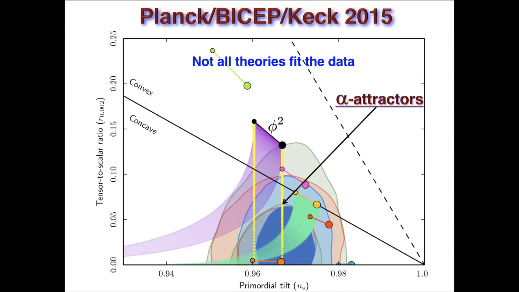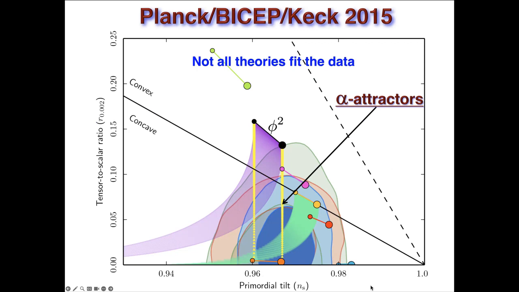This is from Planck 2015, and a similar, more exact version was presented by Planck in 2018. So what they found, and predictions of different versions of inflationary cosmology in comparison with experiment: my simplest m squared phi squared model, which is quadratic, is way out of this blue area, which is favored by Planck.